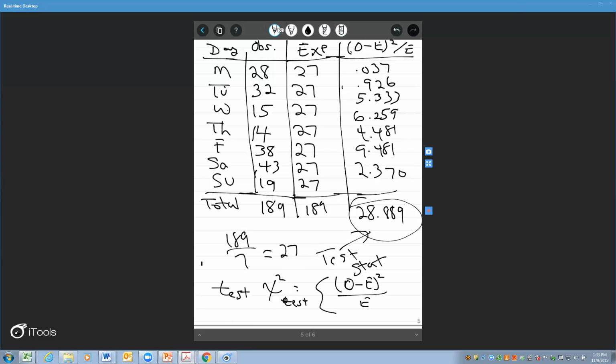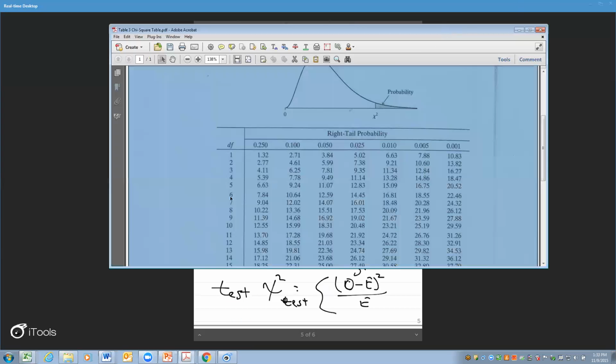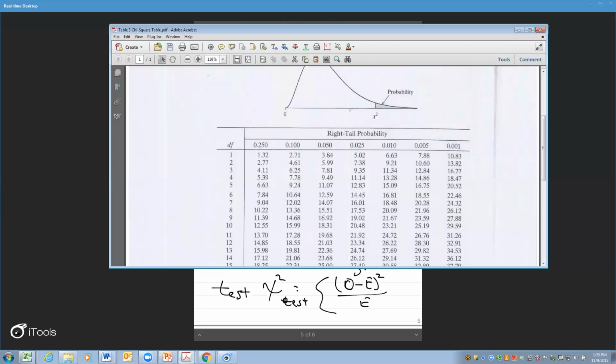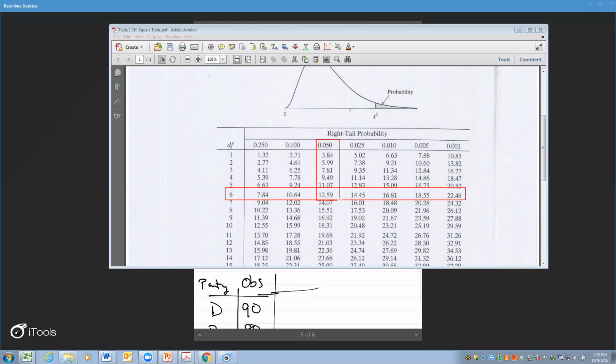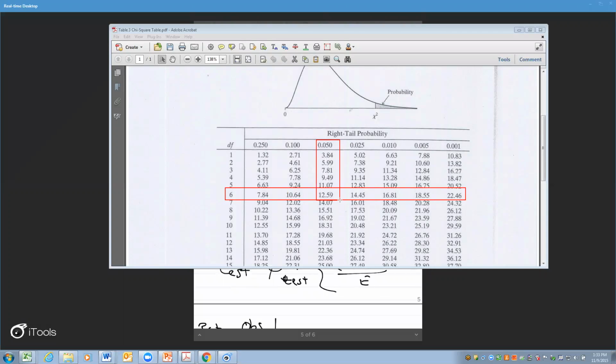So we're going to go to the chi-squared table. We're going to look in the 6th row for 6 degrees of freedom, and the 0.05 column, because that was the alpha that we had, and we end up with our critical value of 12.59.